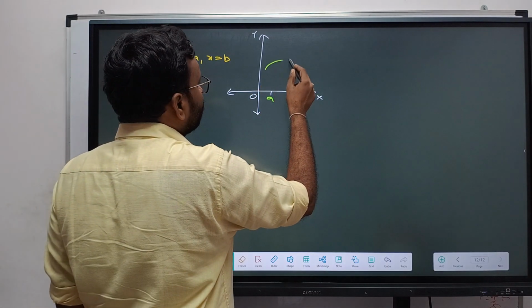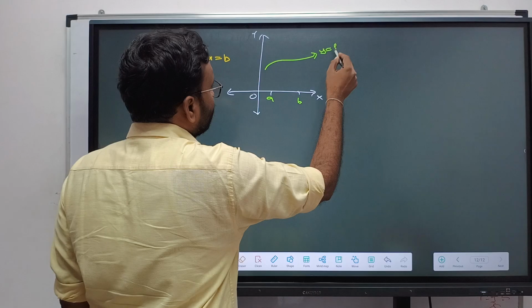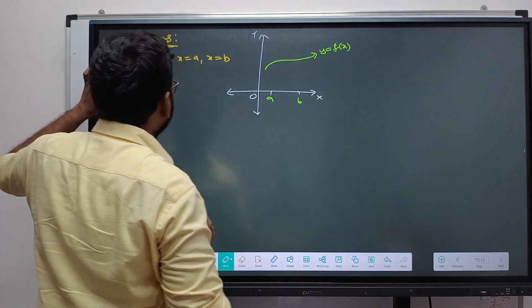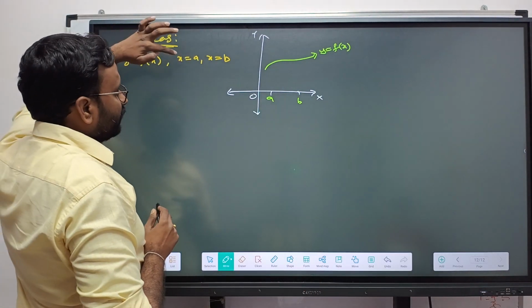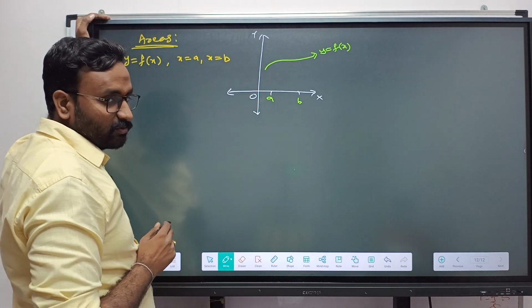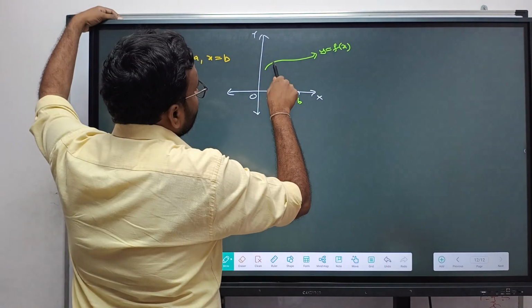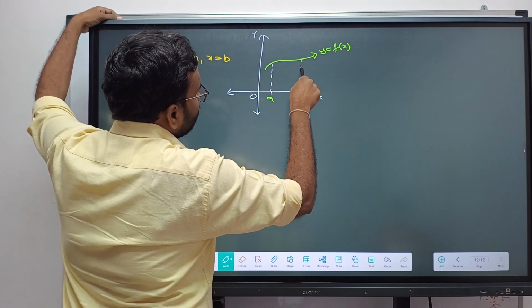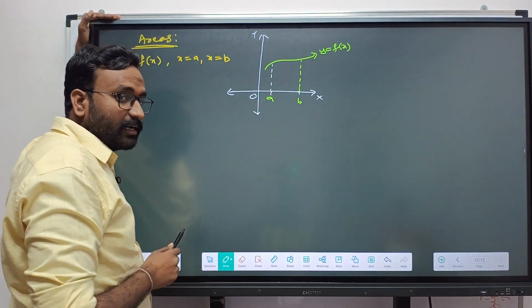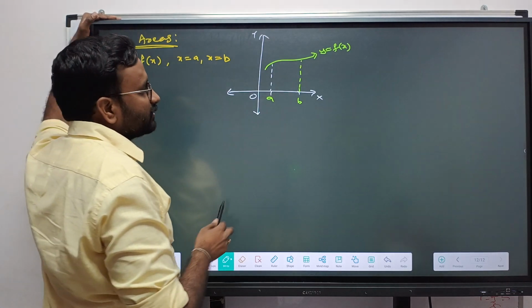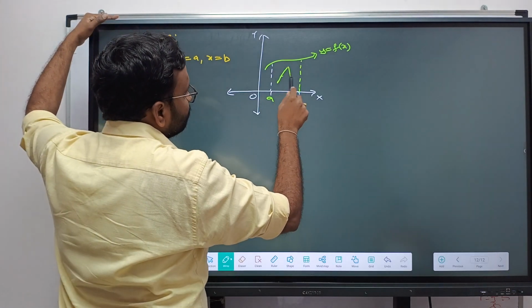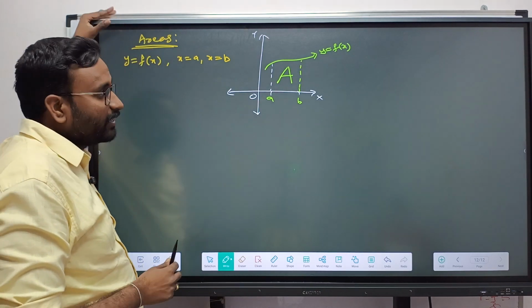I am taking a curve y equal to f of x, with x equal to a and x equal to b. Now the area which the curve y equal to f of x makes with the x-axis is this. This is the area.